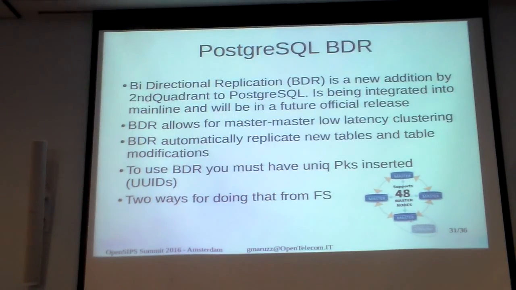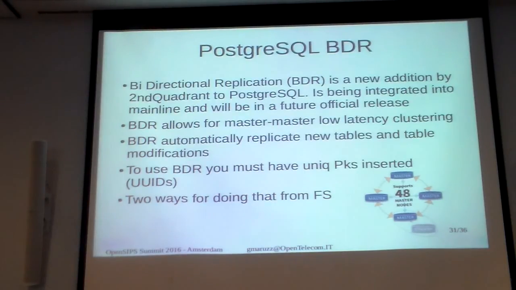Postgres bidirectional replication. This is a new technique that will be part of one of the next PostgreSQL releases that is able to do real-time clustering of Postgres. And you have to create primary keys that are unique and not colliding, and each table needs to have a primary key.